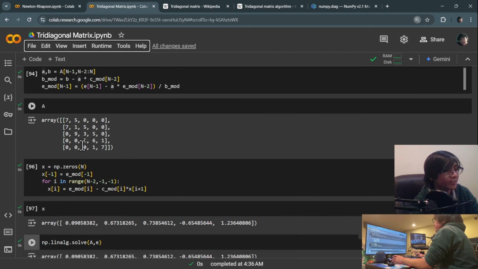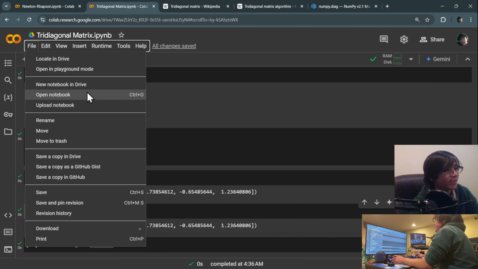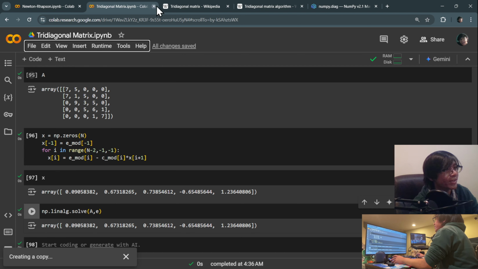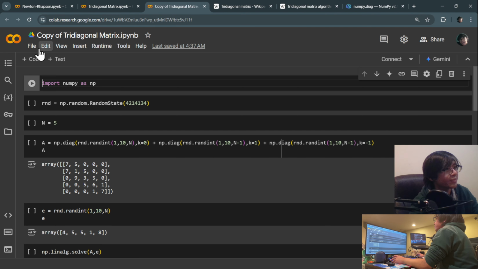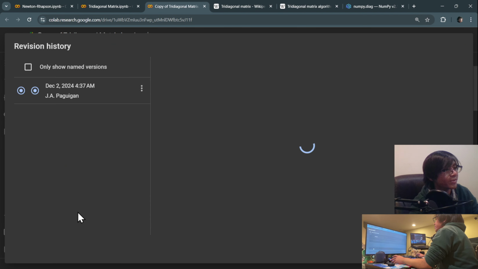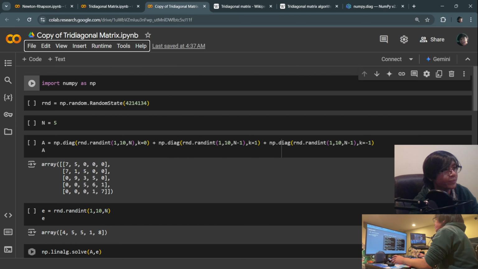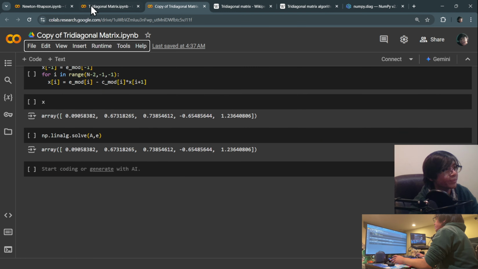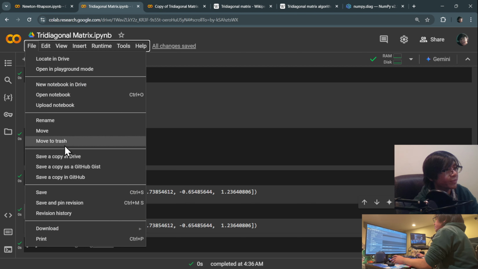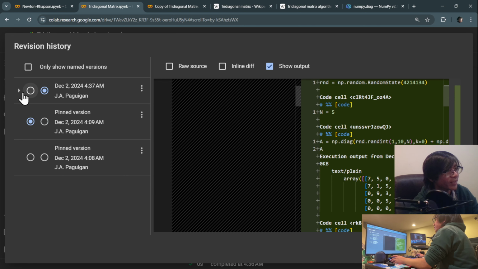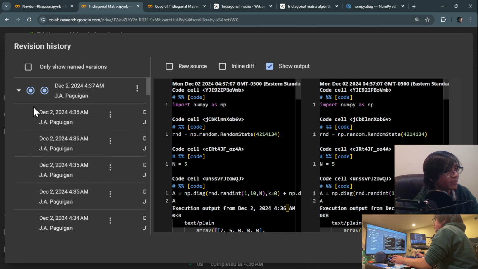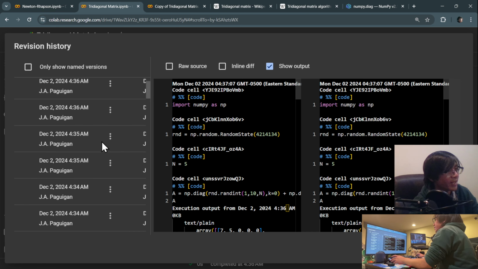So I could save it. If I save it and then revisit the old one. Well, do I have revision history of this? Nope. Well, this should all work, but let's see. I'm trying to show that I didn't change anything, but I don't think it's nice enough to let me do that.